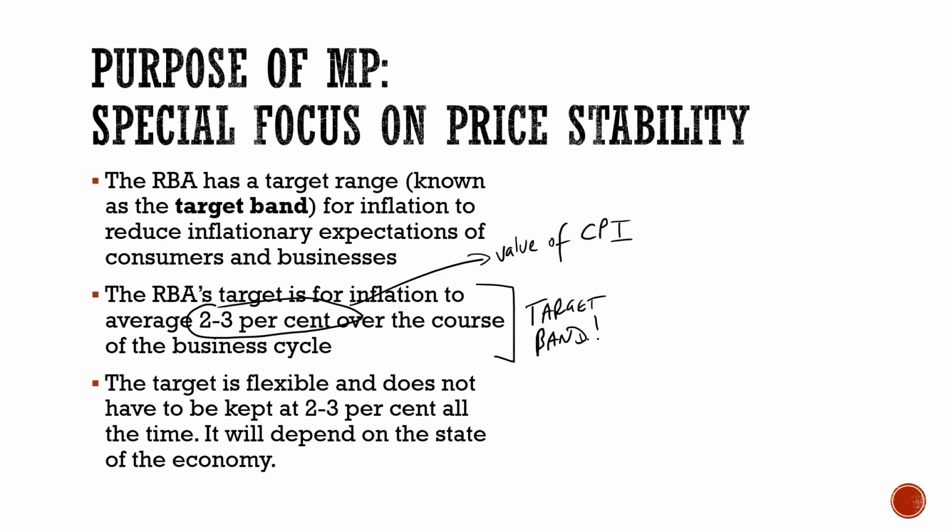Sometimes inflation is below the target band, sometimes inflation is above the target band. But either way, the RBA is thinking about what the economy is like. Is inflation too high? Is it too low? Should we just wait and see? But the overall goal that the economy should expect is that inflation will be between 2 to 3% over the course of the business cycle.